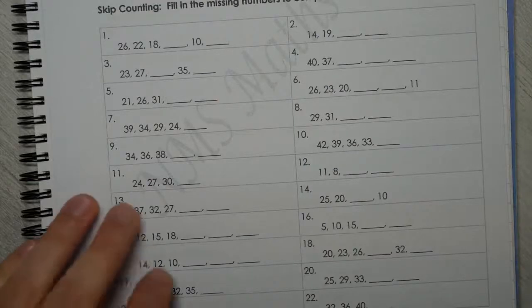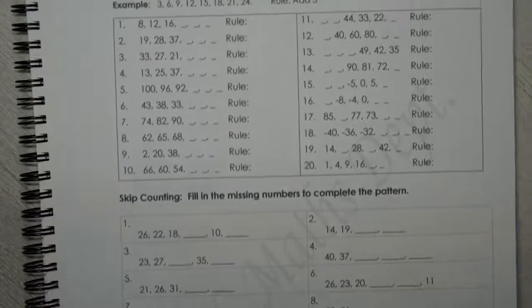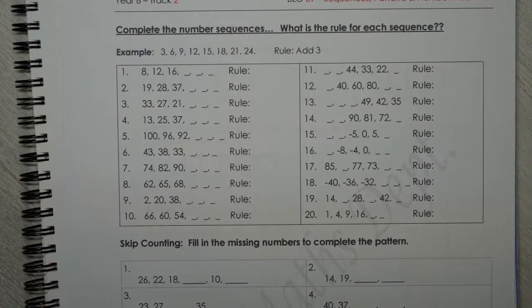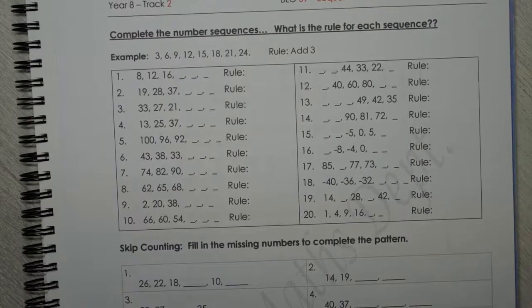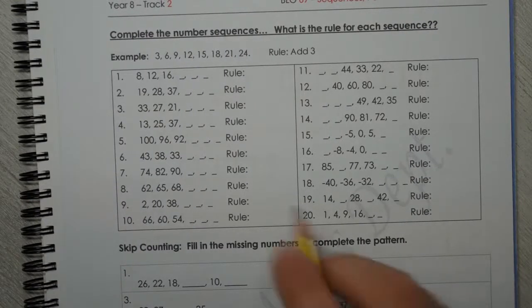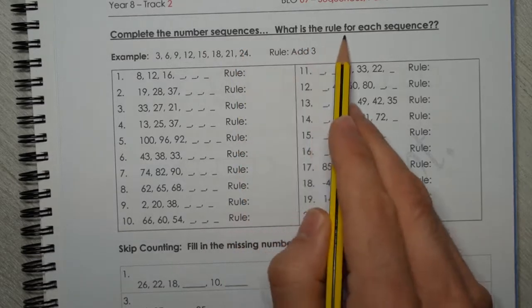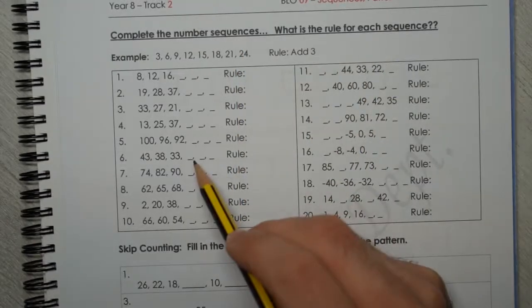Let's continue, because question 5 is also on what we have done so far. So question 5, we have to complete the number sequences. What is the rule for each sequence?